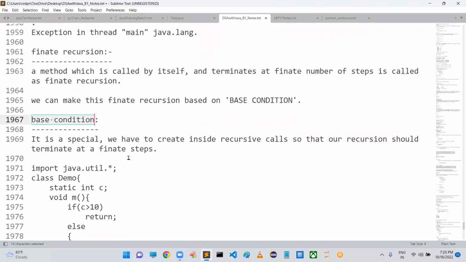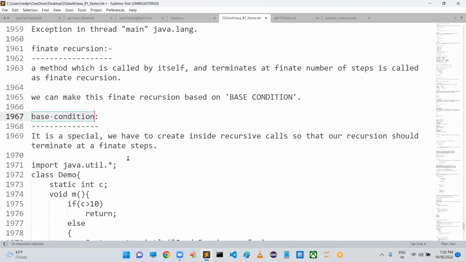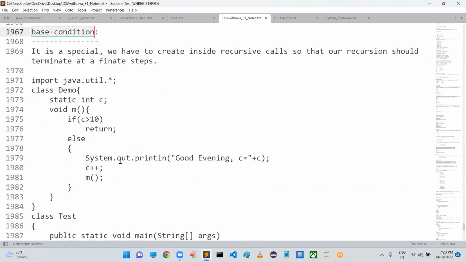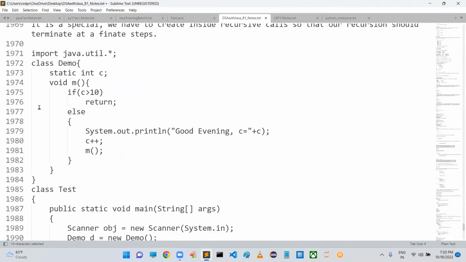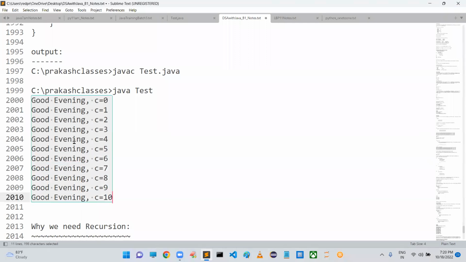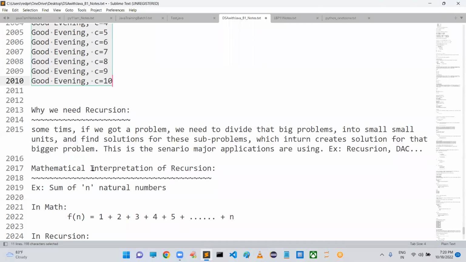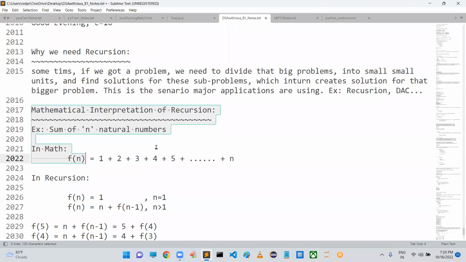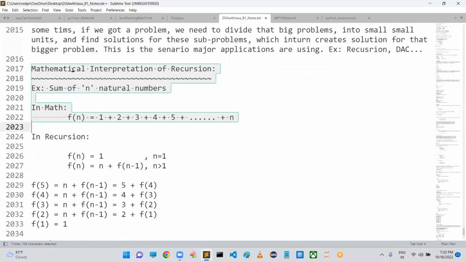It is a special condition we have to write in recursion, so at a certain point it is going to be stopped. Now, why we need recursion, what benefits are there, and even the mathematical interpretation of recursion and how to prepare formulas for this, we have seen. These are the things we discussed in the last video.